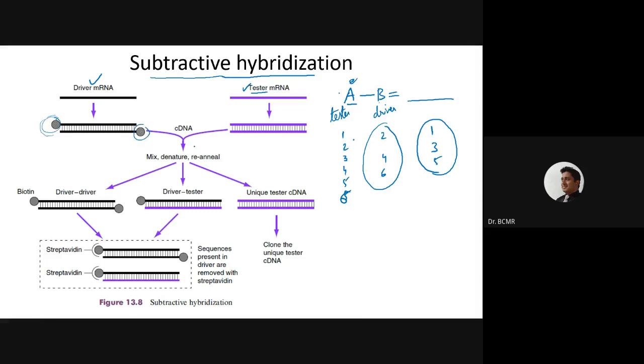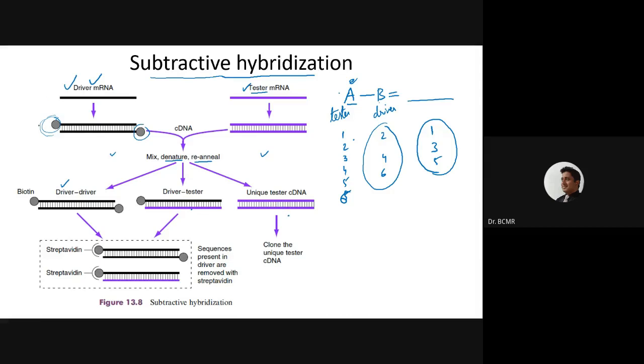Then we mix it up, denature, and reanneal. When we reanneal, we do it slowly. So there are 3 possible combinations. The driver and driver cDNA can anneal like these. Some of them, which are common in both driver and tester, would form hybrids like these. Those tester cDNA that do not have any complementary from the driver will reanneal like this.